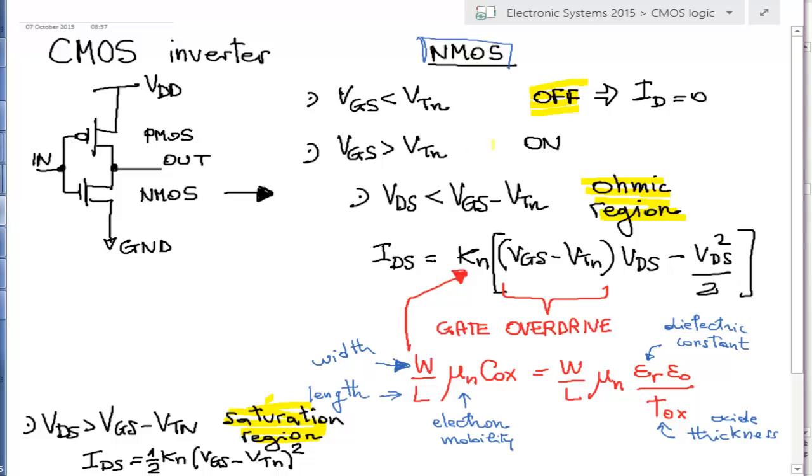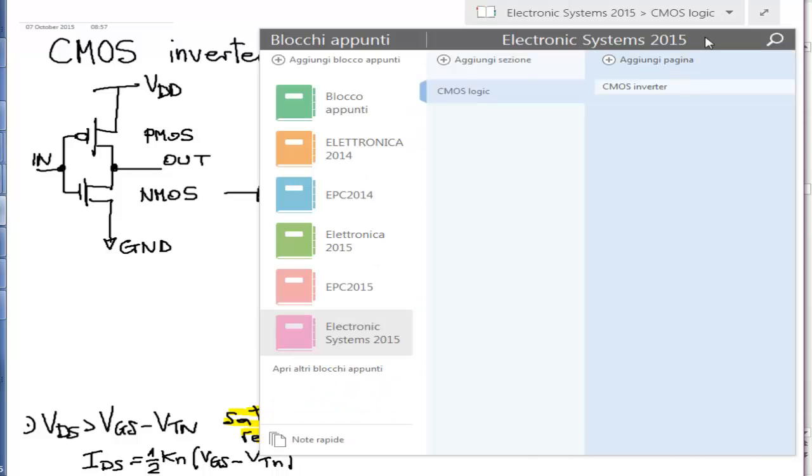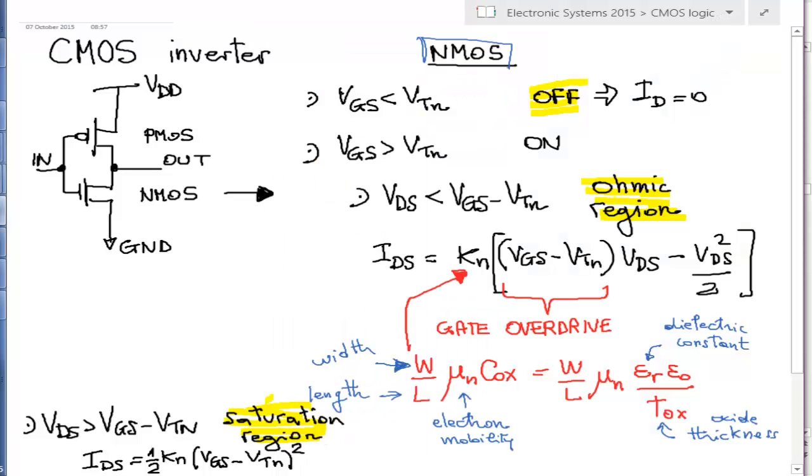Therefore, we can write the... before we write, just let me add something. So this is the threshold voltage. For this Kn constant, of course, in the case of a PMOS, we will have a Kp constant that will be defined more or less in the same way.